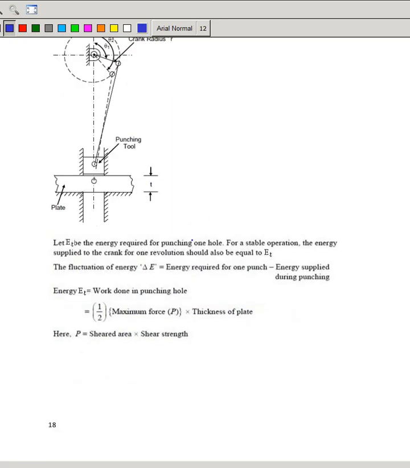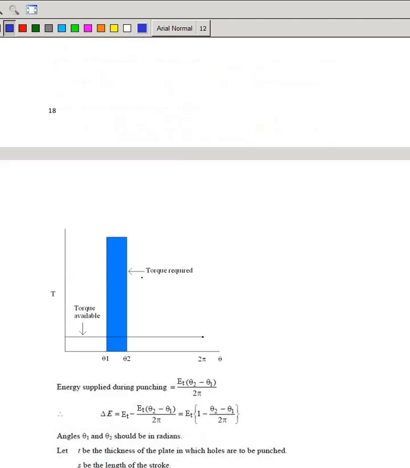So here you see, this is the torque available from the motor, and the required torque is 0 up to theta 1, then suddenly it increases. We have approximated it by a rectangle, then again it decreases and becomes 0.